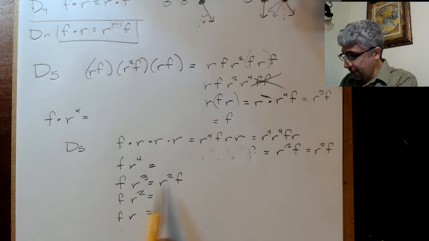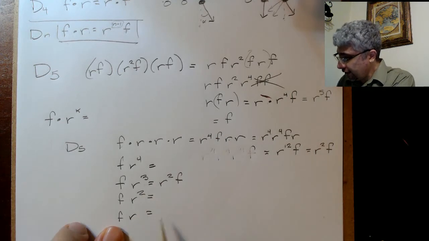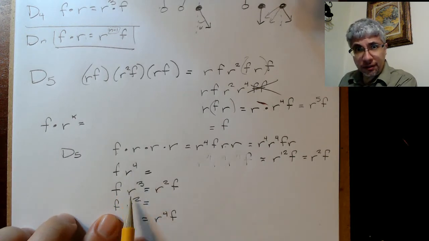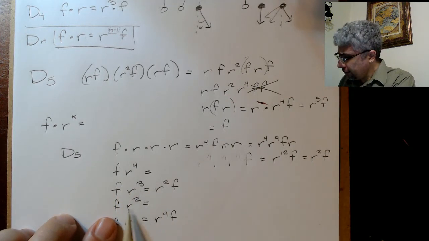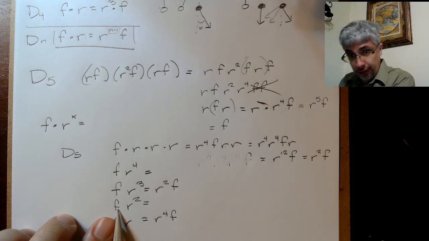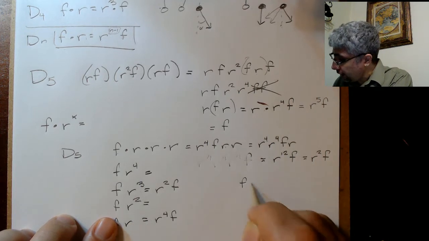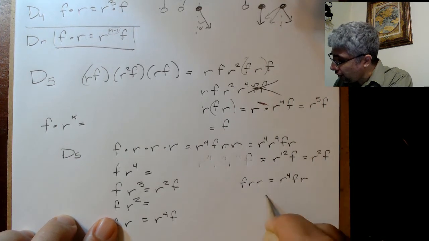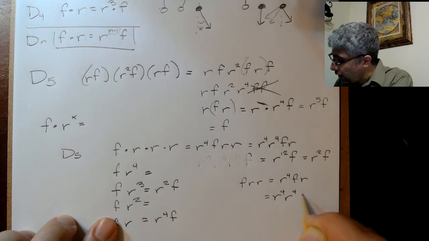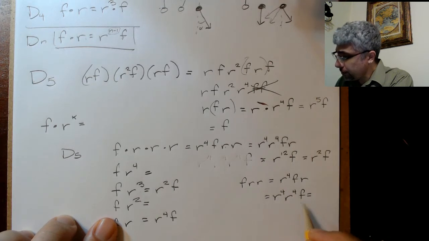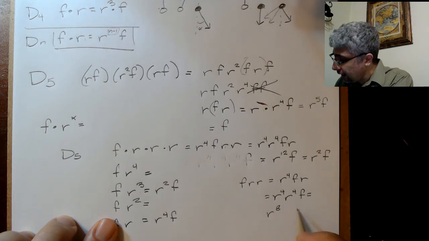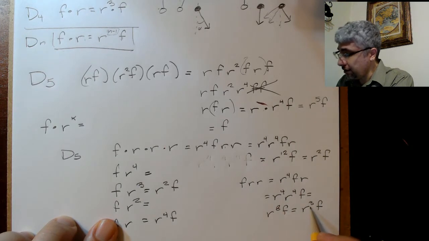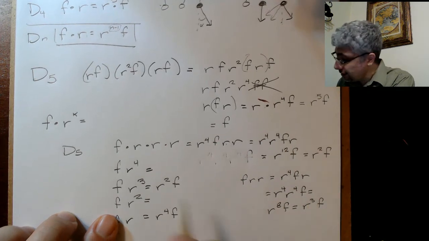So we know this one, and we know what fr is. That's r to the 4 f. But what about these two? Well, let's say I have an r squared to the right of an f. I have f r r, that's going to be r to the 4 f r, that's going to be r to the 4 r to the 4 f. So 4 plus 4 is 8, so I get r to the 8 f, which is the same as r cubed f, because 5 r's take you to the identity.